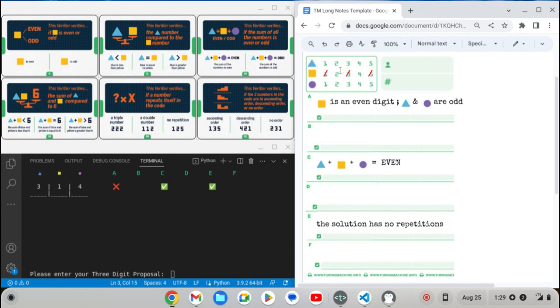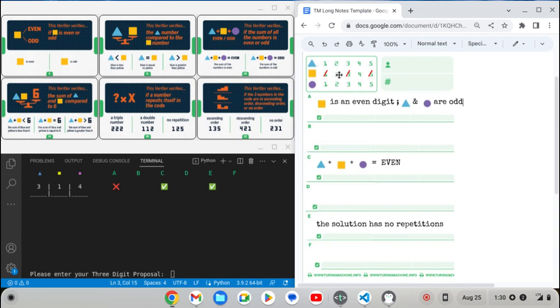One interesting thing about criteria card D is that if we add up triangle and square, now that we know that we have an odd and an even, there's no way that the sum could be equal to 6. An odd and an even is always going to give us an odd value. So at least we can eliminate this middle choice for criteria card D. Let's see, what else?